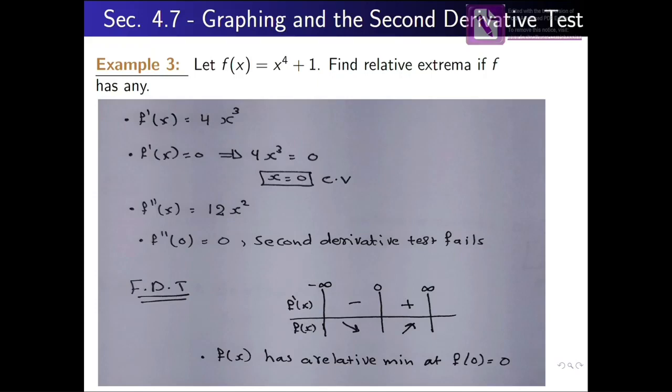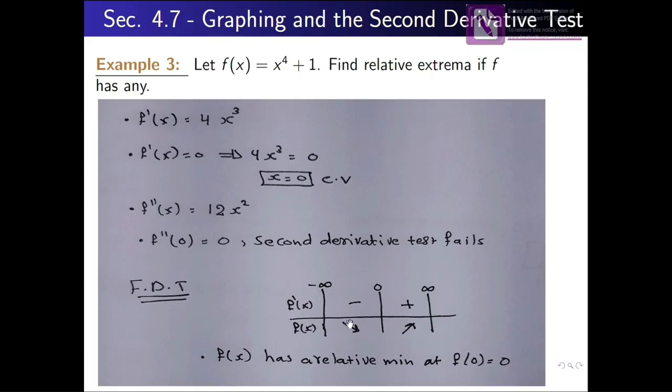For the first derivative test, we need to take the intervals from minus infinity to 0, then from 0 to infinity. We need to check the sign of f prime x. From minus infinity to 0, f prime x is negative, that means our function is decreasing. For the interval from 0 to infinity, f prime x is positive, that means f is increasing.